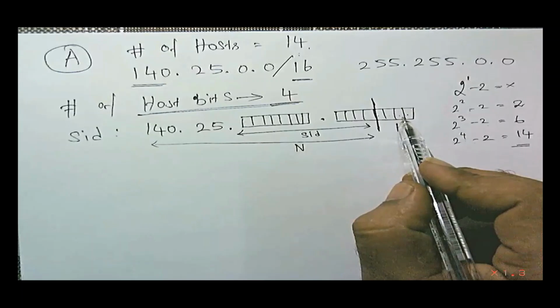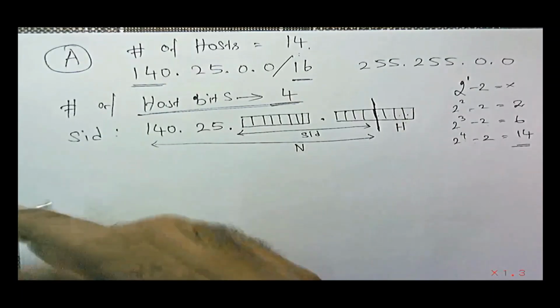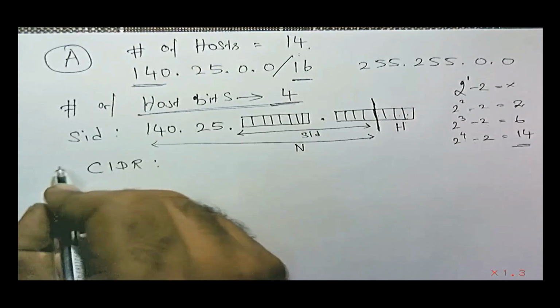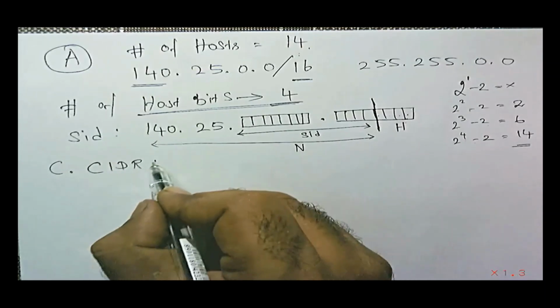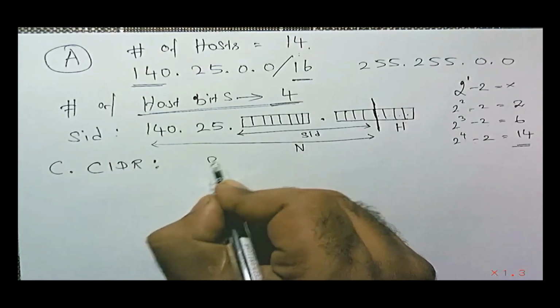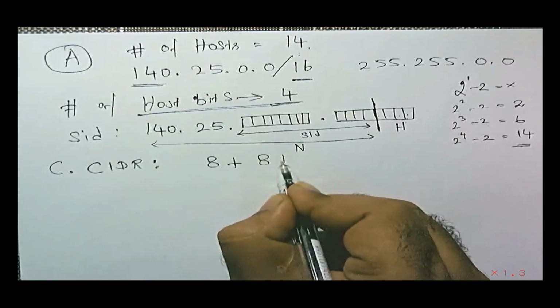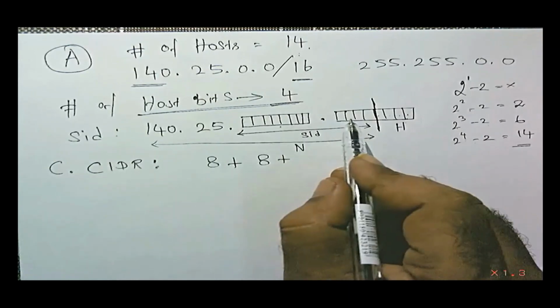Once you have 4 bits, automatically you are going to the custom CIDR, so your CIDR value is going to change. This is going to be the custom or new CIDR value. What does a new CIDR value mean? The first octet is 8, the second octet is 8, by default, that is 16. Now we are going to have some more bits in the network.